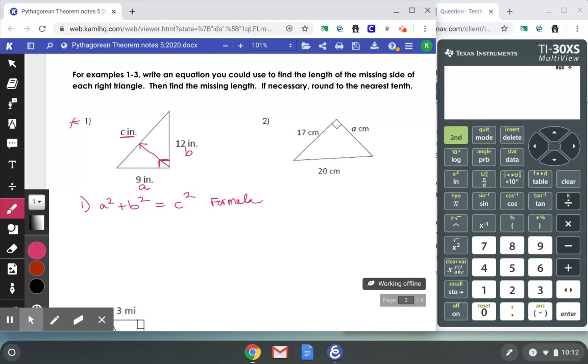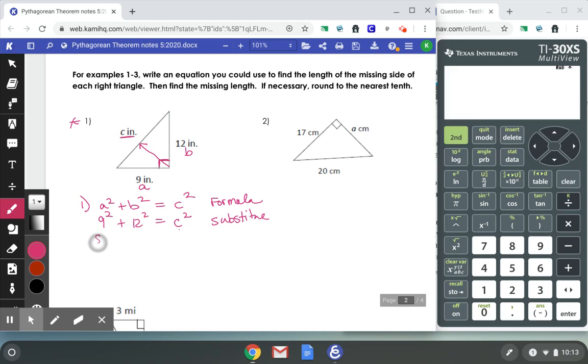Do I know my A value? Yes, it's 9. Do I know my B value? Yes, it's 12. Do I know C? No, that's what I'm looking for. So this is going to be your substitute line, okay?